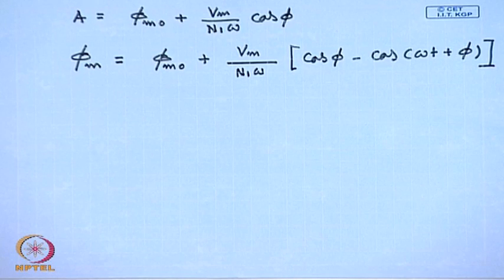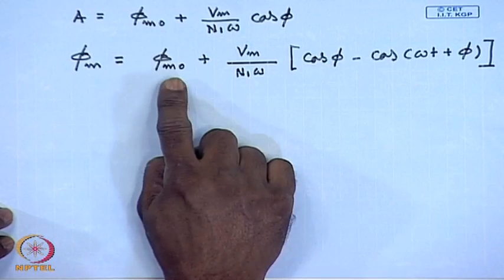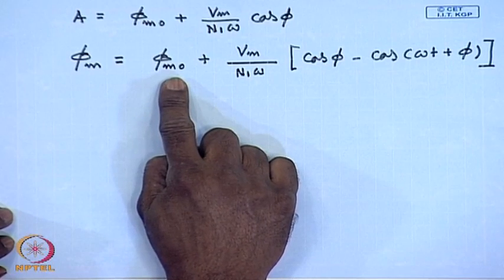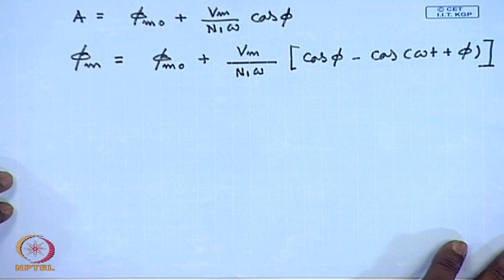Now, this will be the expression of phi m, and depending on the value of phi and phi m 0, its waveform will differ.